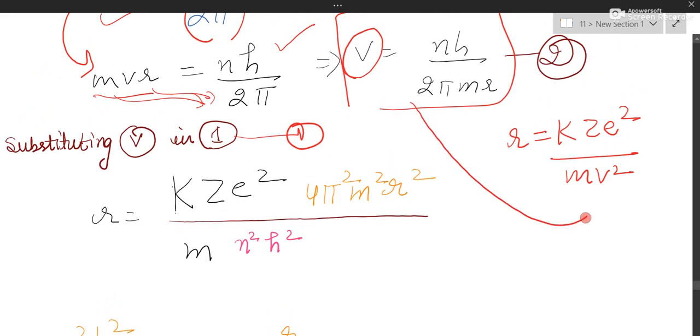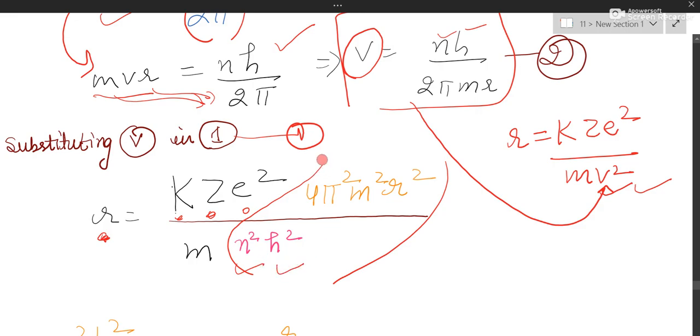You can see I have substituted v is nh by 2 pi m r. So here you will write n square h square, and similarly 2 square is 4, pi square, m square, and r square.